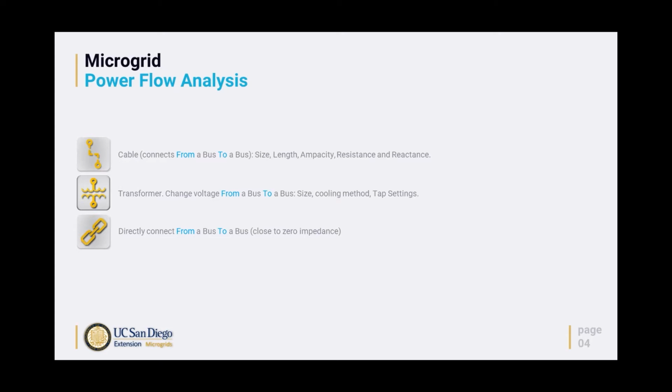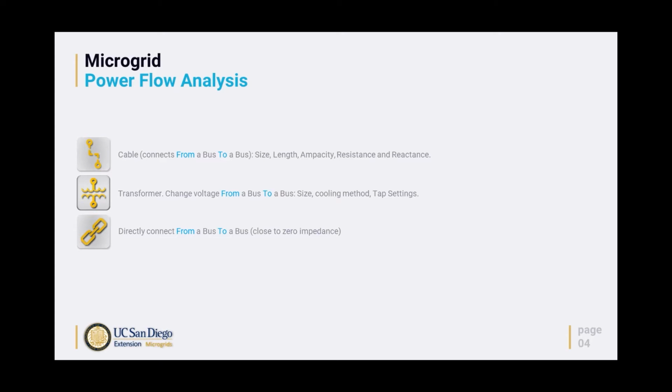And then for transformers, there's the size of these that connects two buses. Transformers also, you can even define a cooling method. Sometimes they're air cooled, sometimes they're oil cooled, sometimes they're oil cooled with fans on them. These are methods to increase the efficiency of the transformer so it can actually do more work. And then they also have tap settings, which are voltage control methods.